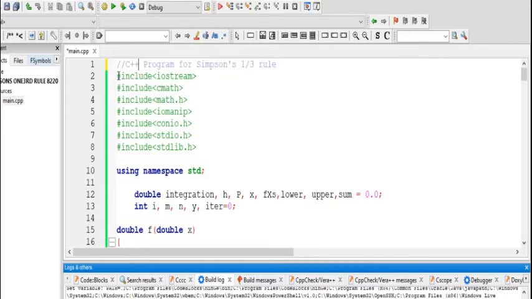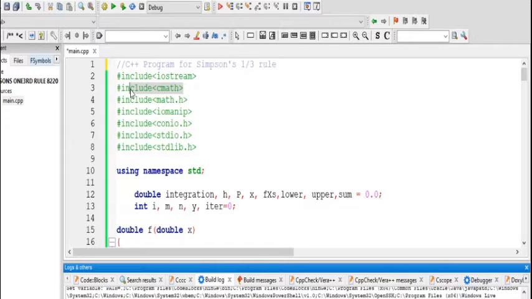We will include hashtag include iostream. This header defines standard input-output streams, which includes console in and console out. Including this header may automatically include other headers such as ios, istream, and ostream.